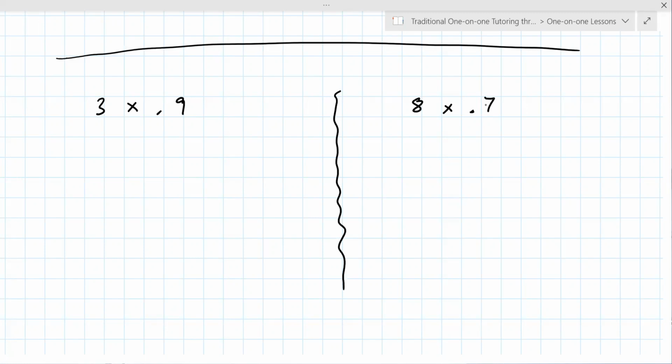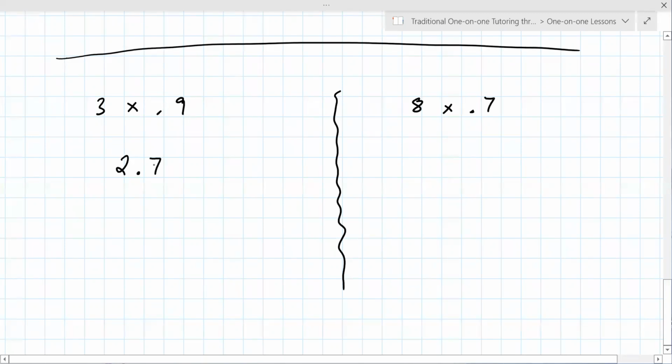Okay, I got it. Do you have your answer to both? Yeah. What is your answer for 3 times 0.9? 2.7. And then 8 times 0.7, 5.6. Perfect. That's awesome. It's really good.